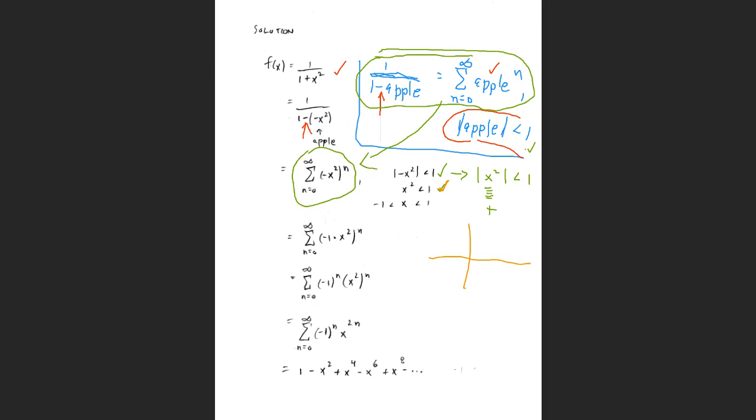If you draw a graph of f of x equals x squared, so long as x is between negative 1 and 1, the y value will be smaller than 1. So this is your interval of convergence. Clea, you had a question?